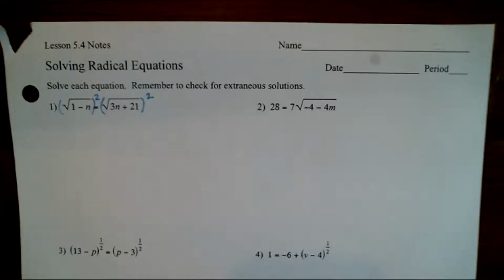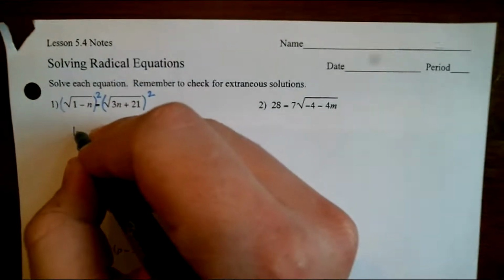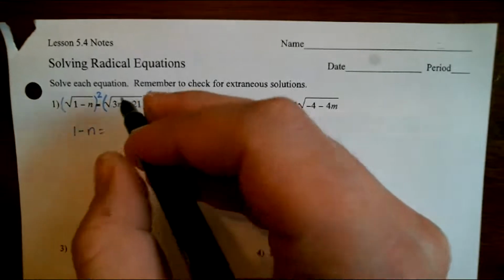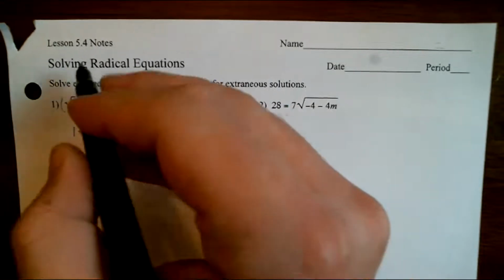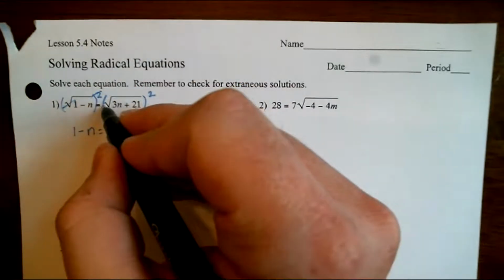When that happens, I get 1 minus n equals 3n plus 21.